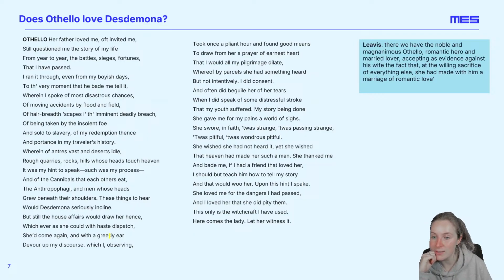My story being done, she gave me for my pains a world of sighs. She swore in faith 'twas strange, 'twas passing strange, 'twas pitiful, 'twas wondrous pitiful. She wished she had not heard it, yet she wished that heaven had made her such a man. She thanked me and bade me, if I had a friend that loved her, I should but teach him how to tell my story, and that would woo her. Upon this hint I spake. She loved me for the dangers I had passed, and I loved her that she did pity them. This only is the witchcraft I have used. Here comes the lady. Let her witness it.